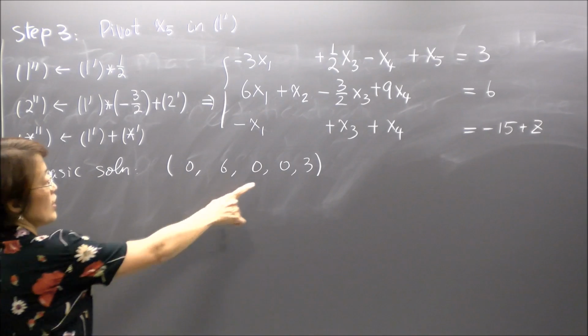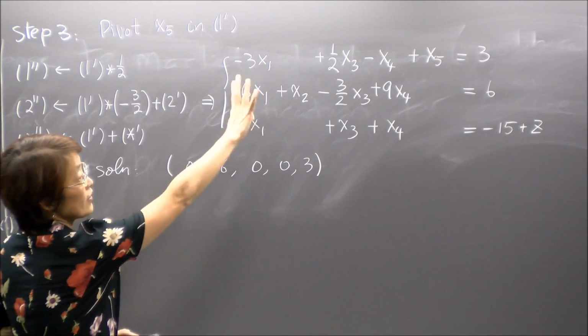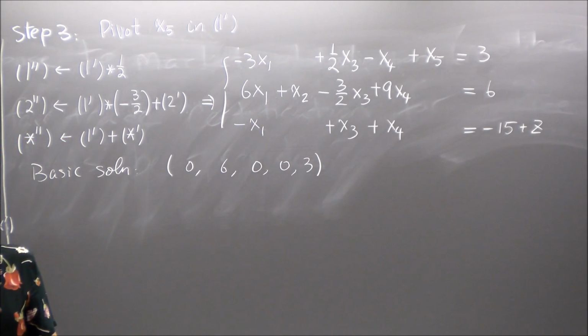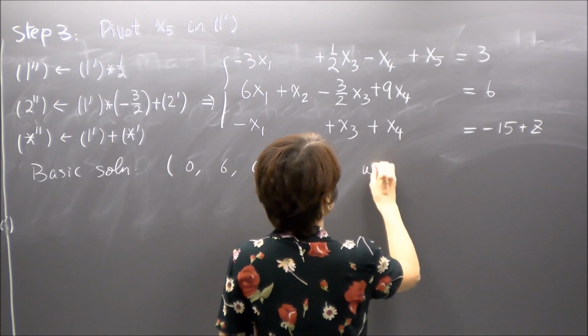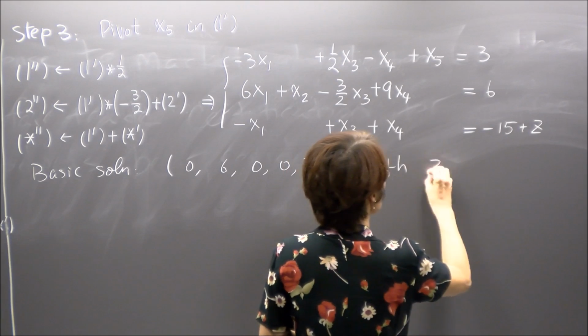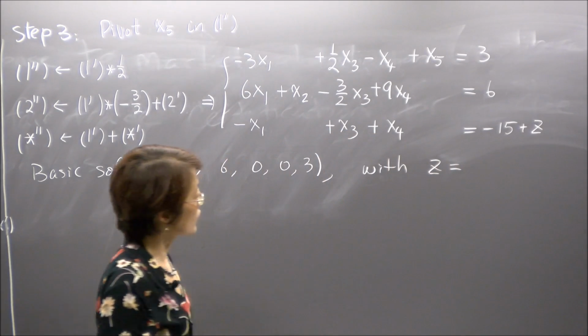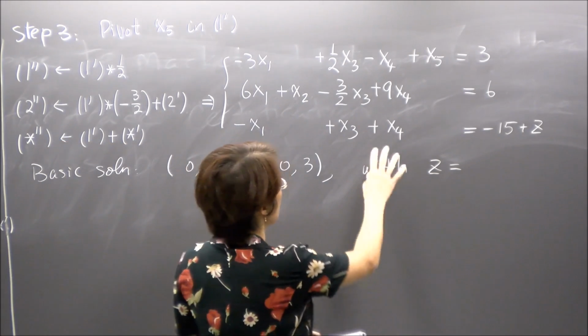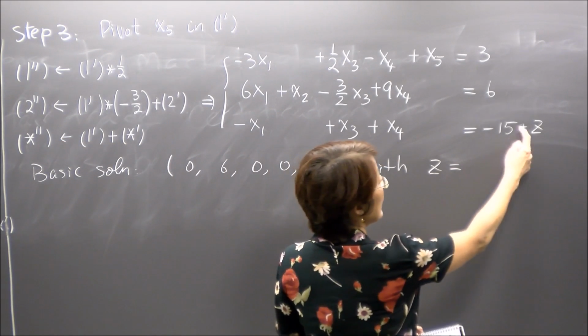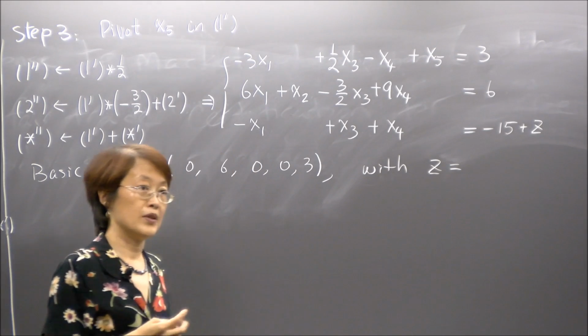All the numbers you need to form that, they're all there. You just need to know where to find them, right? Or you put 0, okay? And then at the basic solution, what is the value of your objective function? Where do I find that? These are all 0. It will be the negative of that number. Is that right?